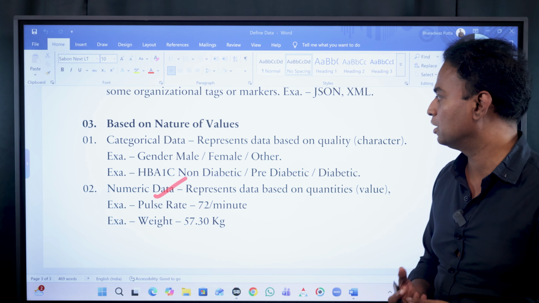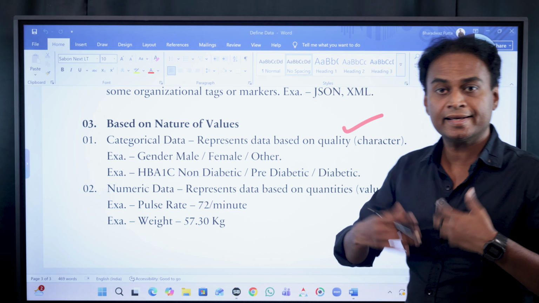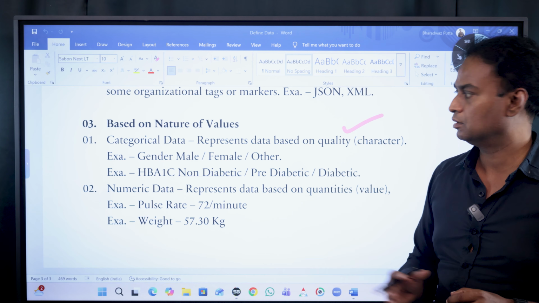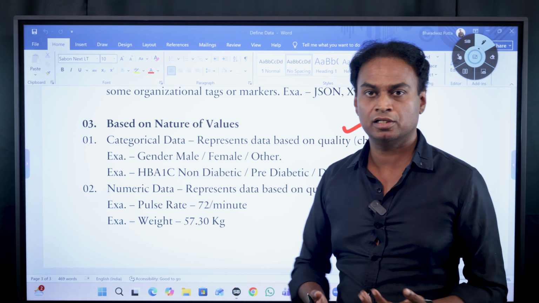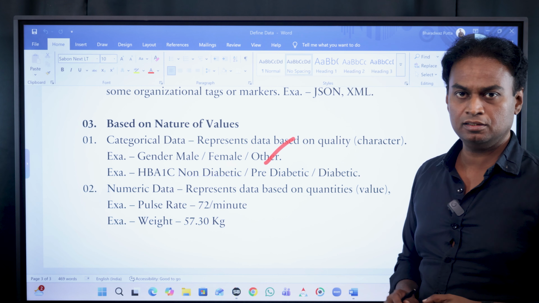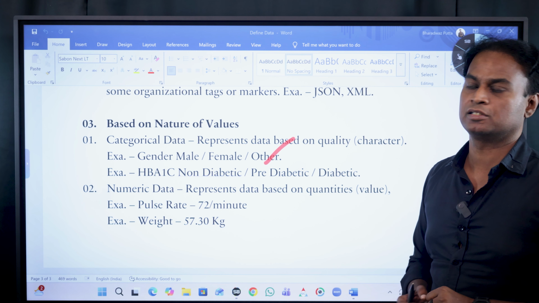What is categorical data? It represents data based on the quality or character of a person. For example, in the medical field we collect gender. Gender can be male, female or third gender. It is a quality of that person.